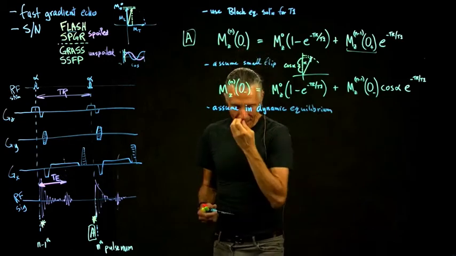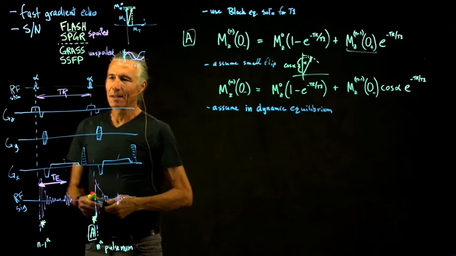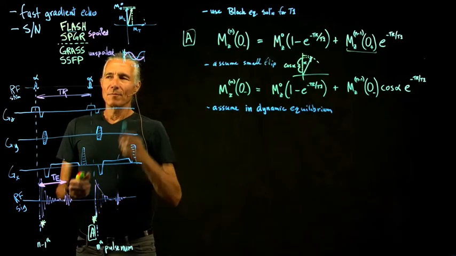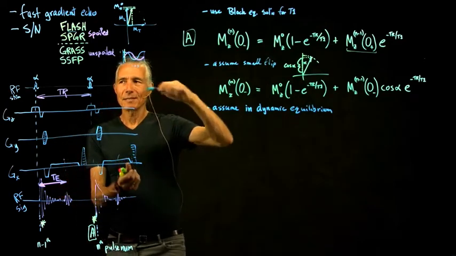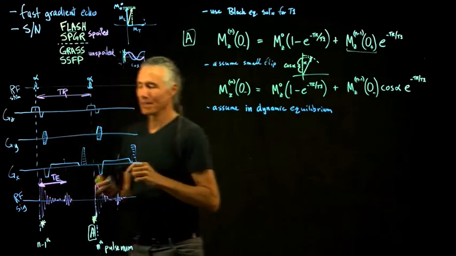And so what does that mean? Assuming we're in dynamic equilibrium means that we've done enough pulses, and so we've got to a steady state. We've got to a steady state here.